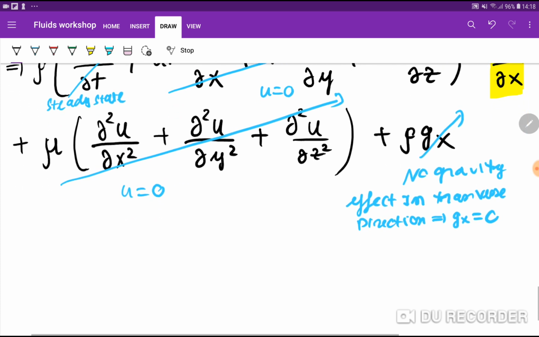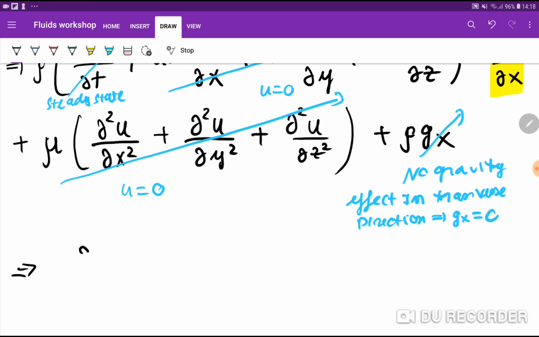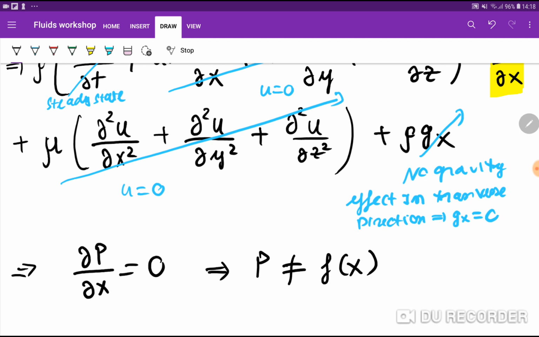So we say partial p over partial x is equal to 0. Okay, similarly, just like part B, what does it imply? It implies that the pressure is not a function of x. We keep that in our mind and see where it leads us.